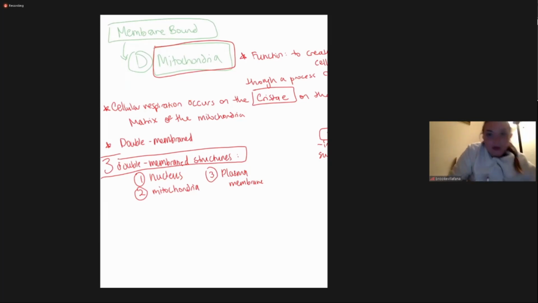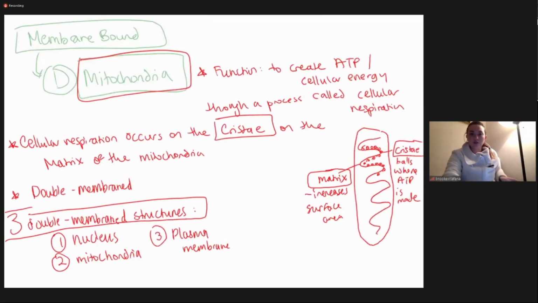All right. Any questions? All right, so mitochondria is our fourth membrane-bound structure in the cell. So this is definitely a test question here, that there are three double membrane structures: the plasma membrane, the nucleus, and then the mitochondria. All right, so our membrane-bound, I believe we have one more here, and that is our peroxisome.